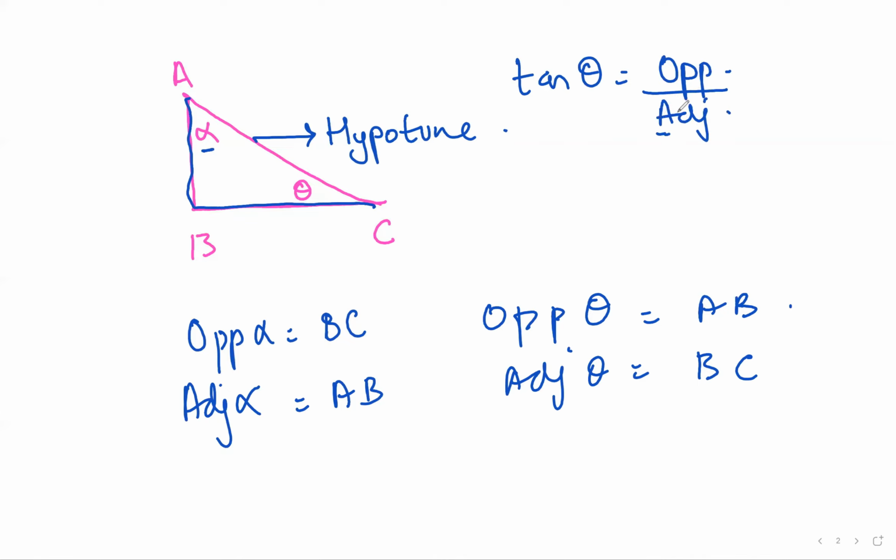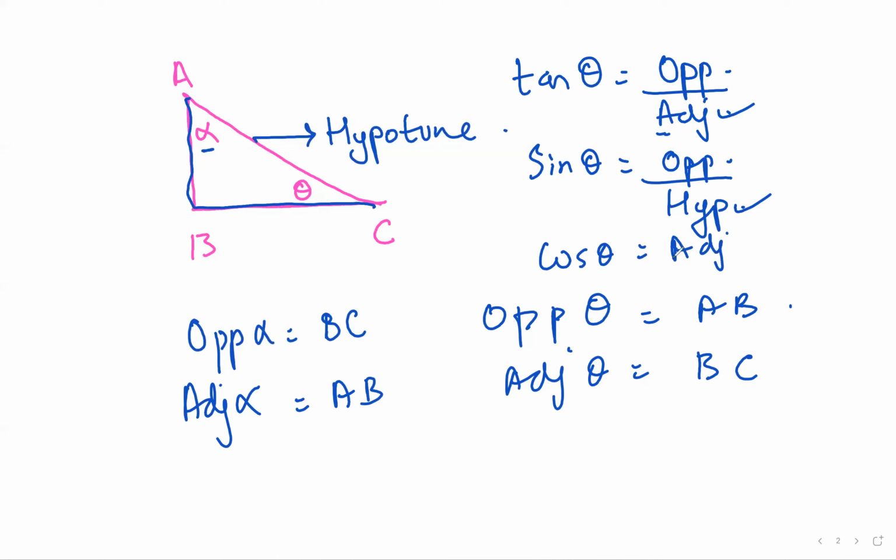As A comes first, I have taken that first. Sin theta is opposite over hypotenuse, right? And cos theta is equal to adjacent over hypotenuse. It's easy to remember, as we have gone alphabetically in that manner.